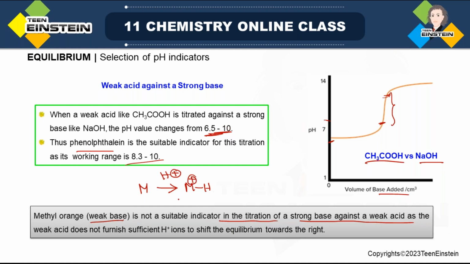But sufficient H+ you cannot get from acetic acid. So the equilibrium will not be easily shifted to the right hand side, that is, from M to MH+. So this is the reason. Another reason is that after neutralization, the salt that will be produced is CH3COONa, that is, sodium acetate.